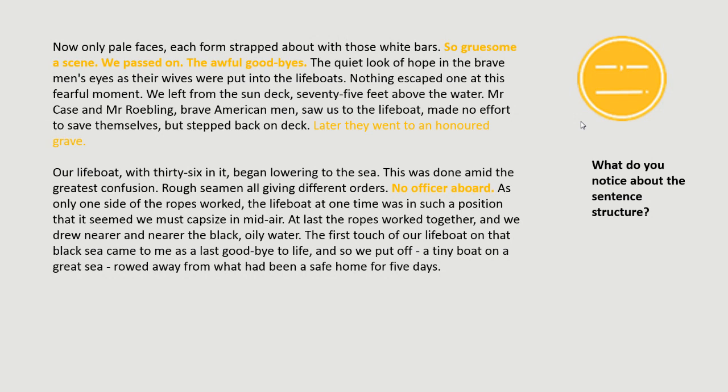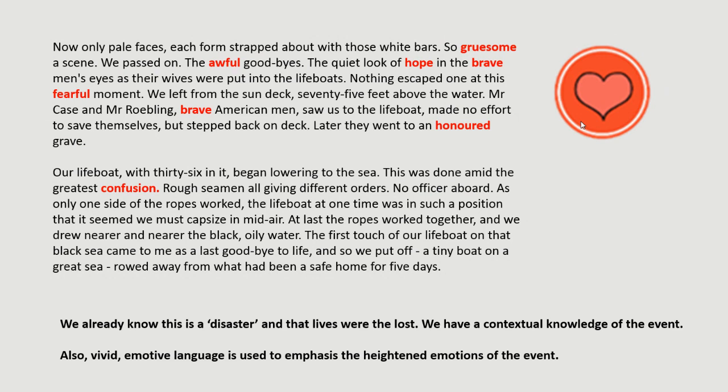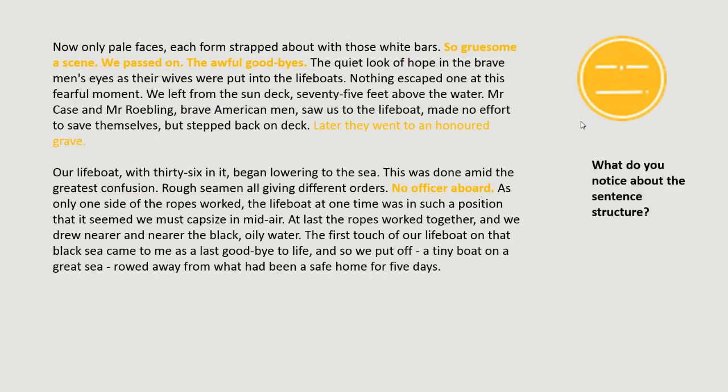Thinking about what you notice about the use of emotive language there, look at the use of sentence structure here. So: gruesome a scene, we passed on, the awful goodbyes, later they went to an honoured grave. Short sentences are used more frequently in that first paragraph. Why are there more shorter sentences in that first paragraph than in that second?